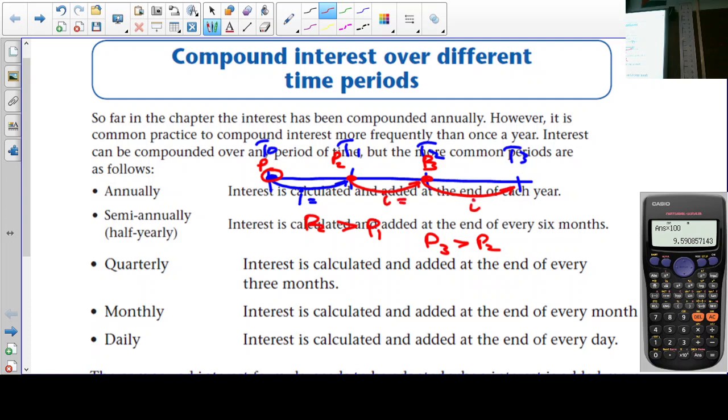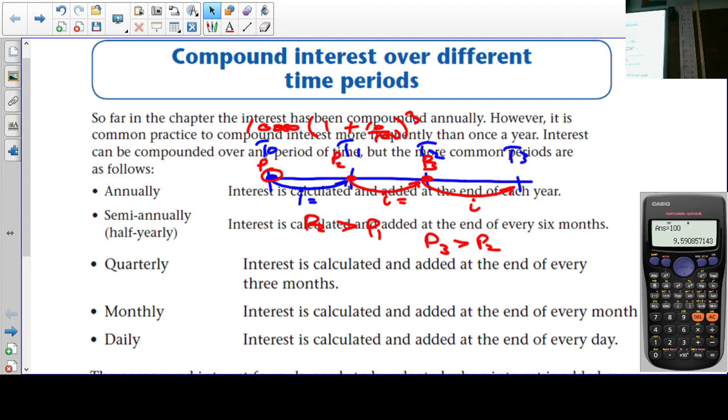Now say for argument's sake you had 10,000 Rand, and it was compounded annually for 3 years at 10%, so it's 10 over 100. You see what we get?